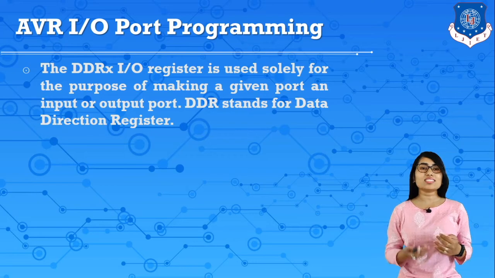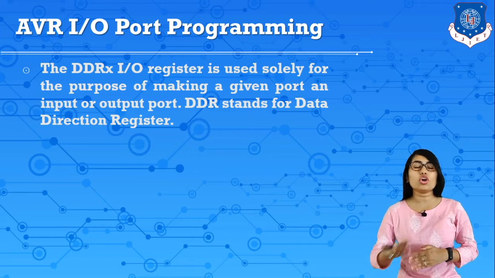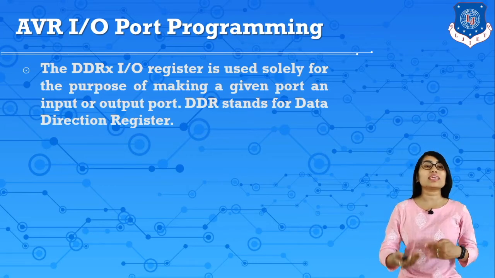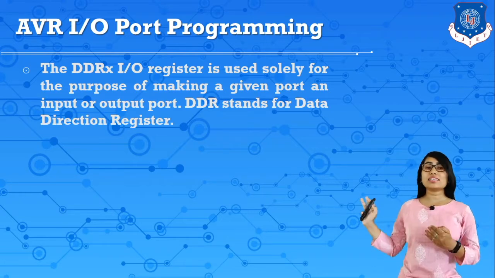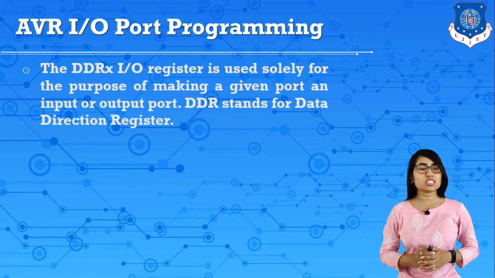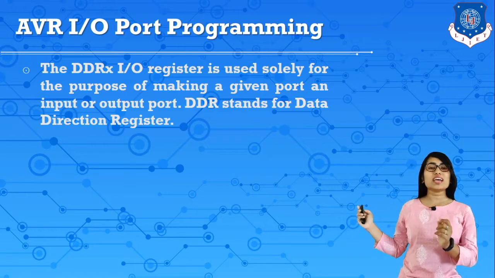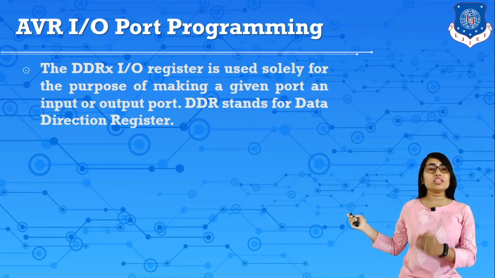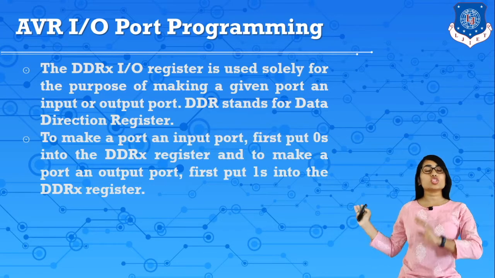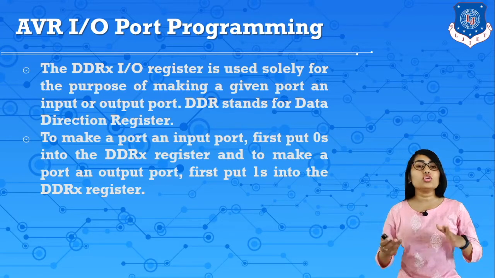So we can assign a port either as input or as output. Whether a port is used as input or output is decided by the DDRX register. It denotes that this register is used for either input or output.